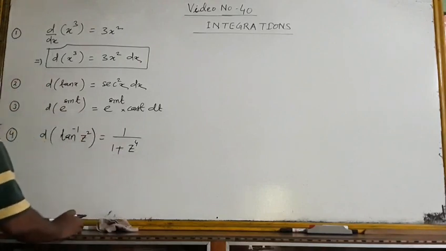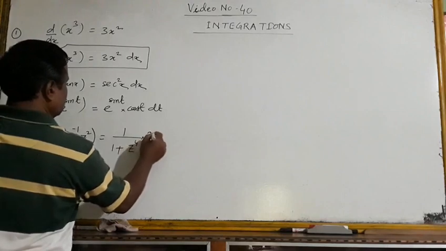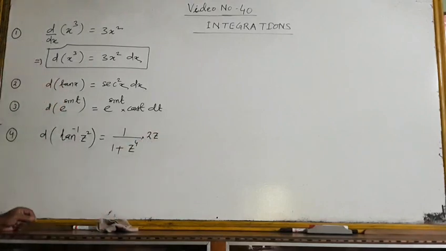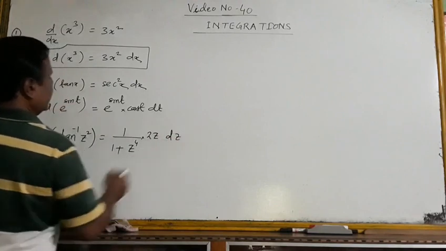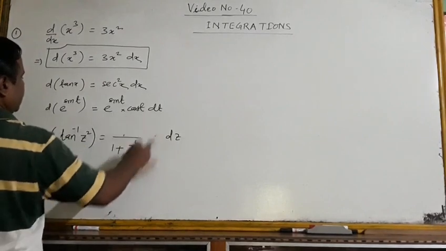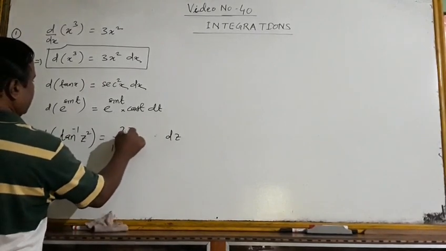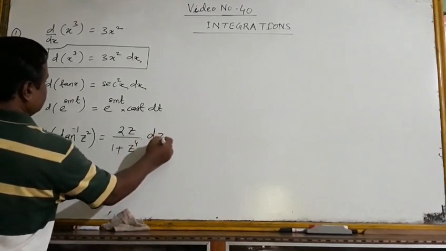And here the variable is z. As the variable is z, you have to write dz. That is 2z upon 1 plus z fourth into dz.